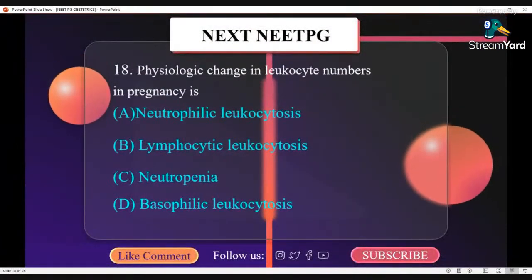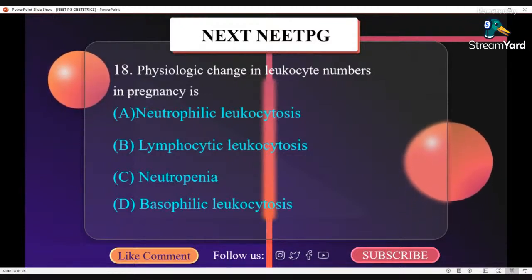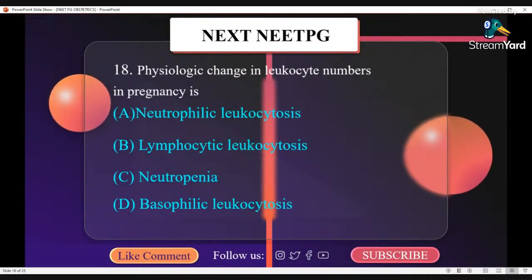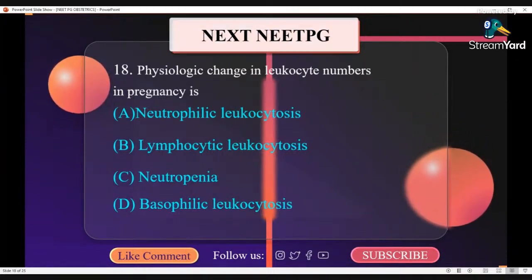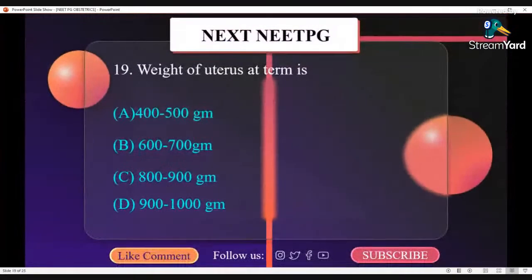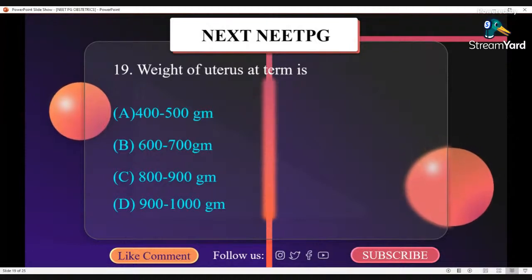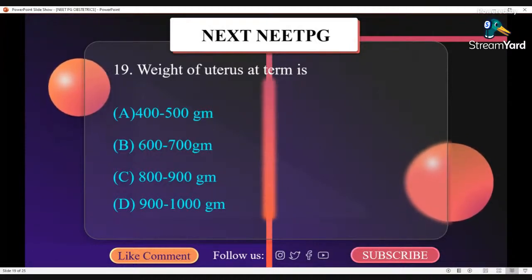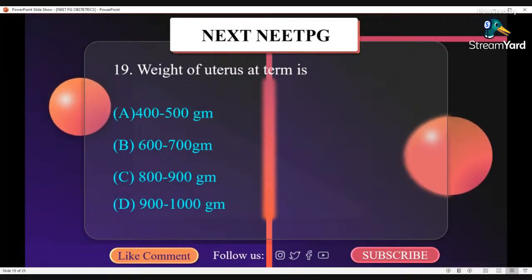Physiological change in leukocyte numbers in pregnancy. A, neutrophilic leukocytosis. B, lymphocytic leukocytosis. C, neutropenia. D, basophilic leukocytosis. The correct option here is neutrophilic leukocytosis. Weight of uterus at term is A, 400 to 500 gram, B, 600 to 700 gram, C, 800 to 900 gram, D, 900 to 1000 gram.